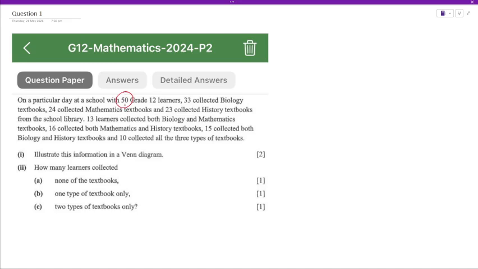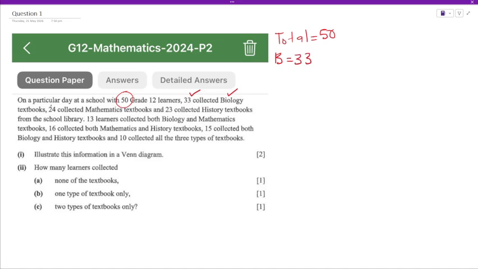When you add everything in the Venn diagram, you should get 50. You take note of that. And then they're saying 33 collected biology, meaning biology is equal to 33. When you add everything in the set for biology, it is 33.